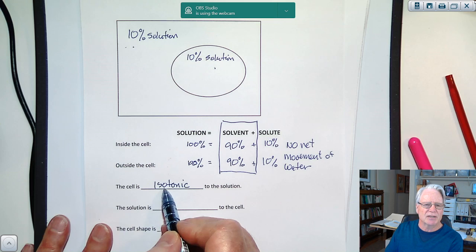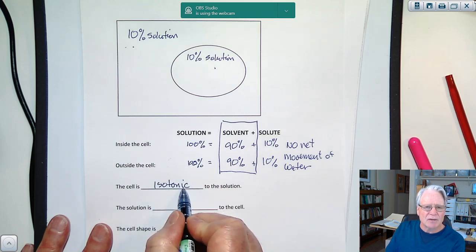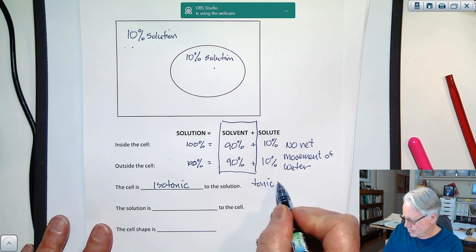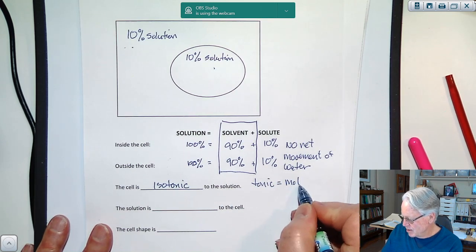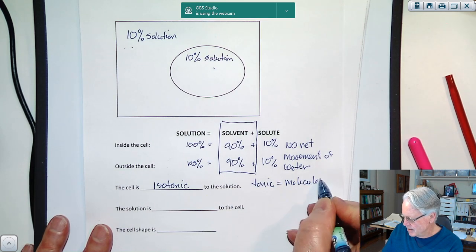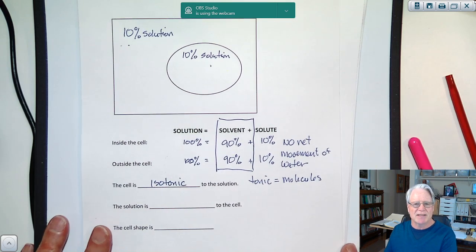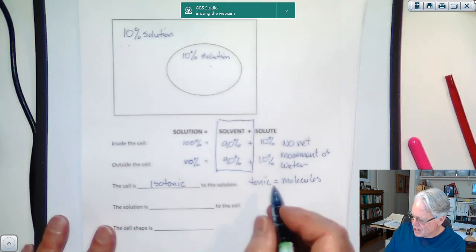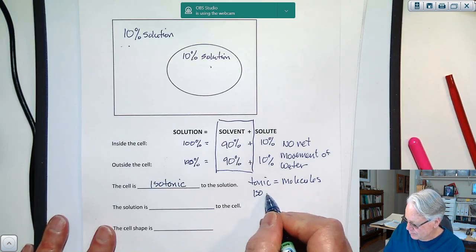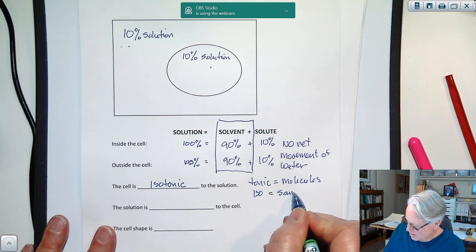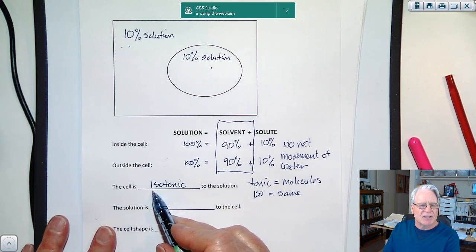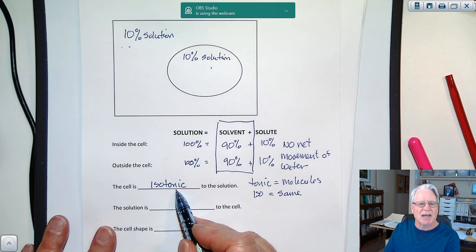What does isotonic mean? Tonic, we're going to say, refers to molecules. Now, technically that is not true. Tonic doesn't really mean that, but for us, that's what we're going to say. Iso means the same. So same molecules, same number of molecules. The cell has the same number of molecules as the solution.